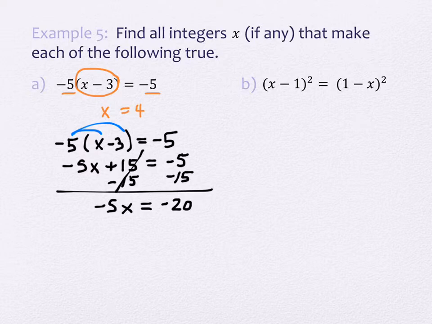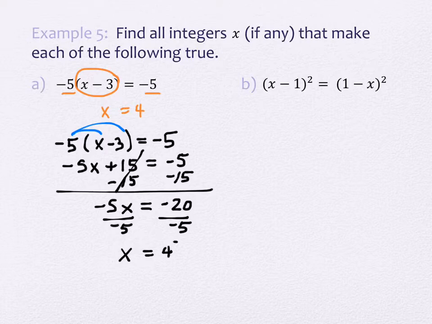Okay. Then what would I do to get x alone? I would divide by negative 5. So a negative divided by negative is a positive, and 20 divided by 5 is 4. So this is positive 4 from a very algebra manipulated point of view. Okay.